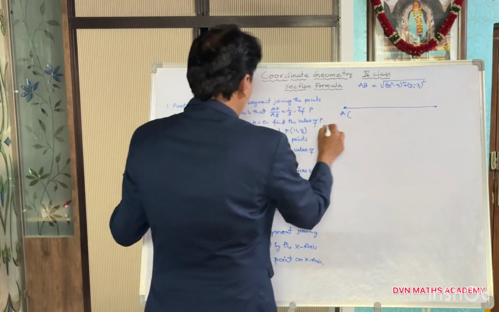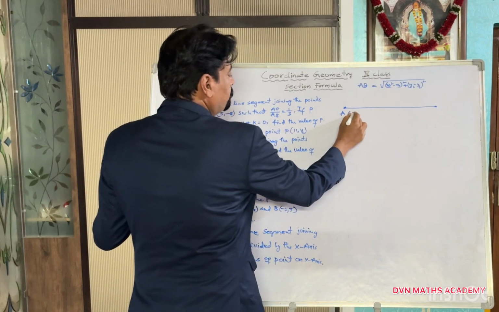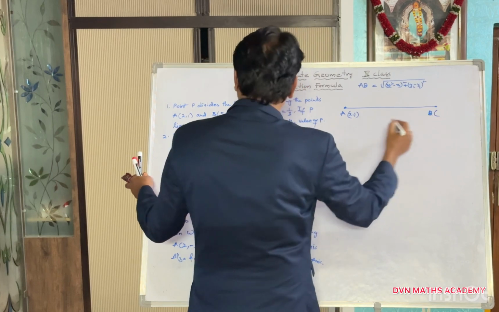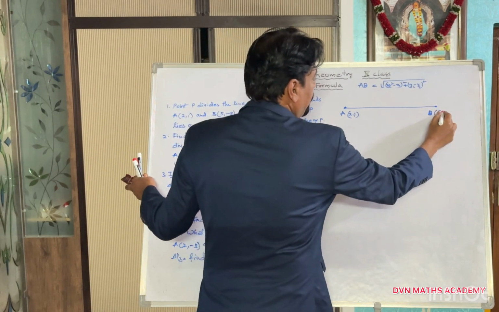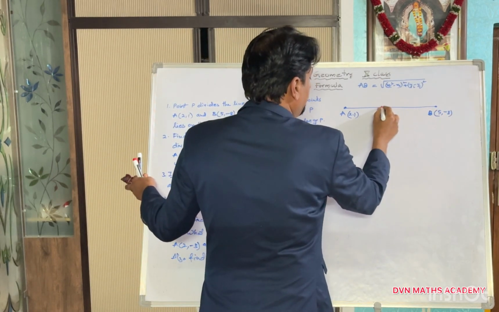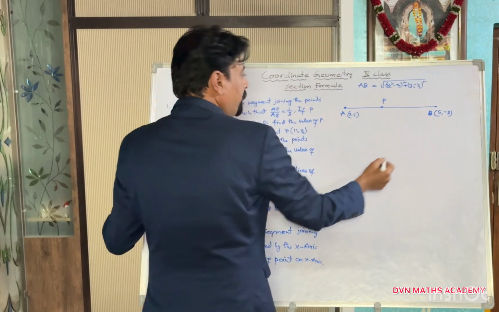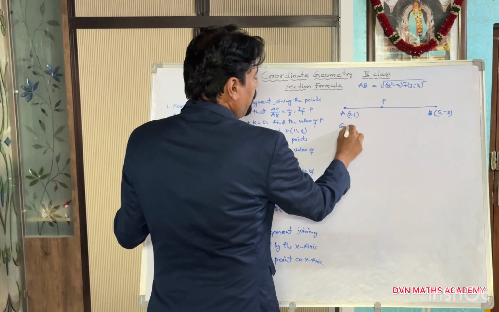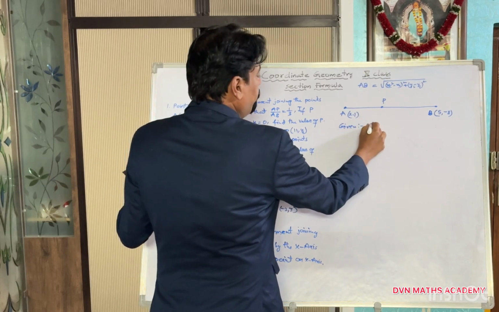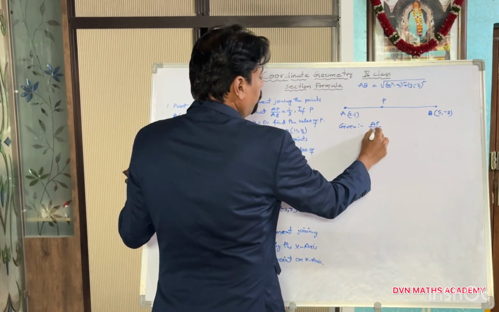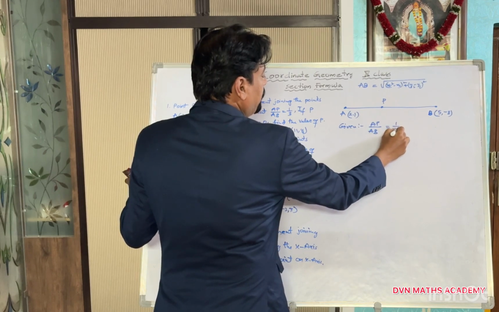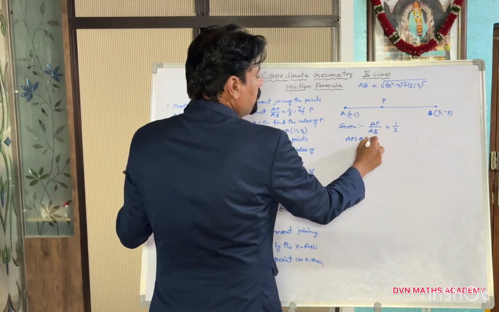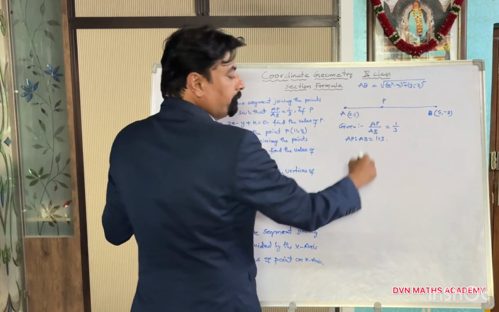A point is given as (2, 1) and B is given as (5, -8), and P is a point on AB such that AP by AB is equal to 1 by 3.